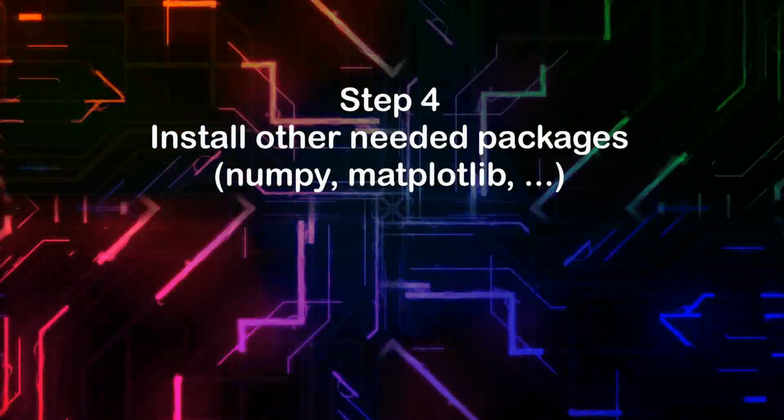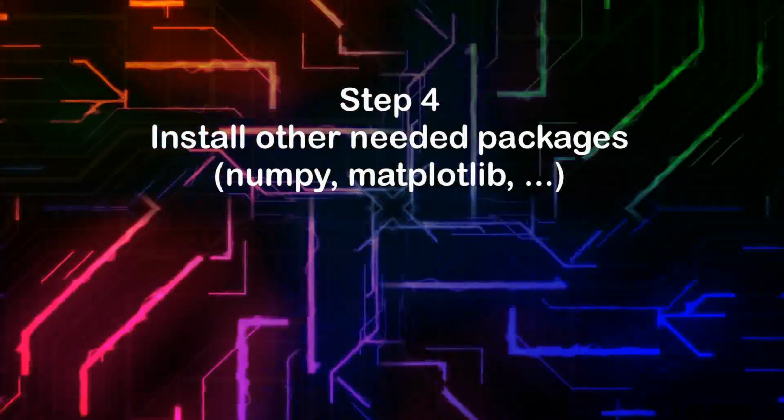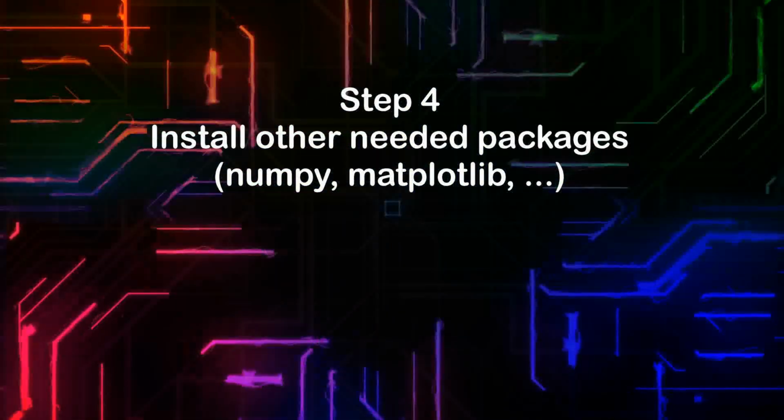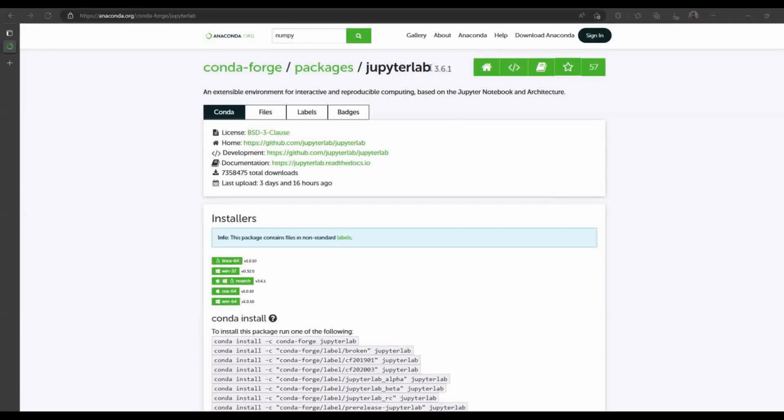And after that we will be installing other packages which we will need later, so numpy, matplotlib. And then again we will search for numpy. For example, here on anaconda.org, let's search for numpy.